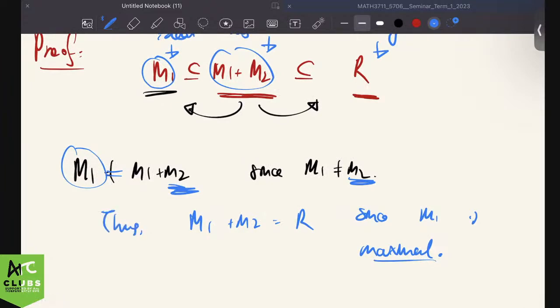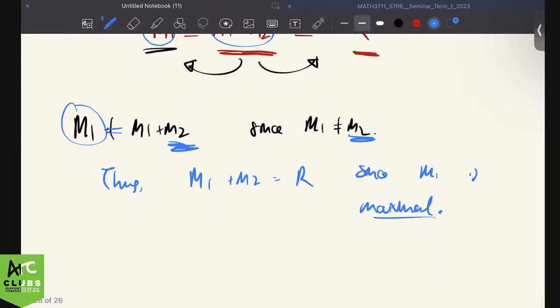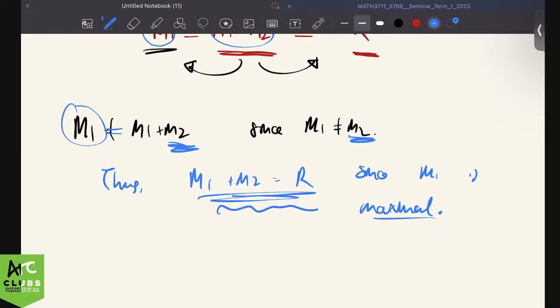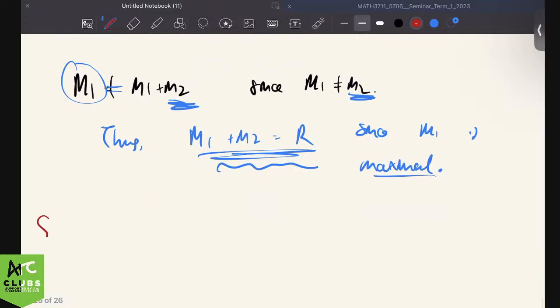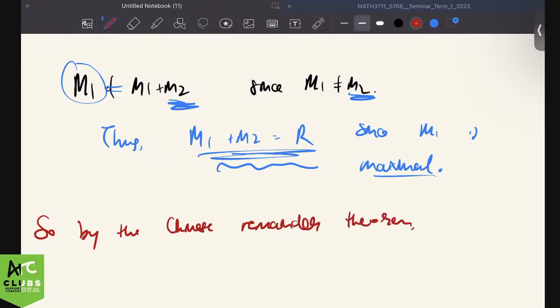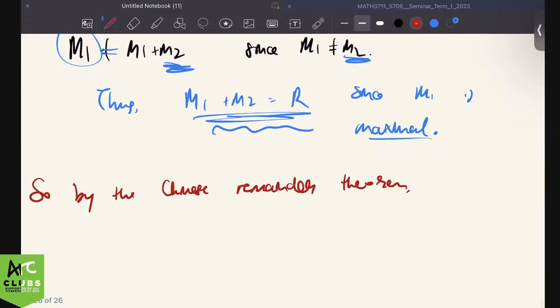Okay, cool. That's the first thing we've proven. So now we've proven this requirement of the Chinese remainder theorem. So let's just take that out. So by the Chinese remainder theorem, we've got I divided by M needs to be isomorphic to that sum.